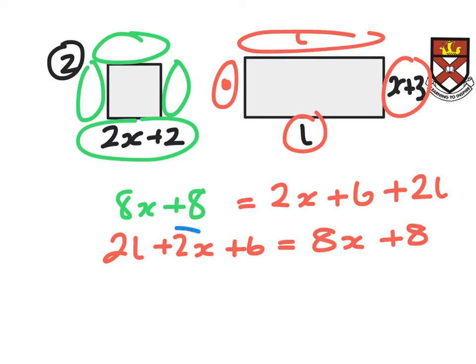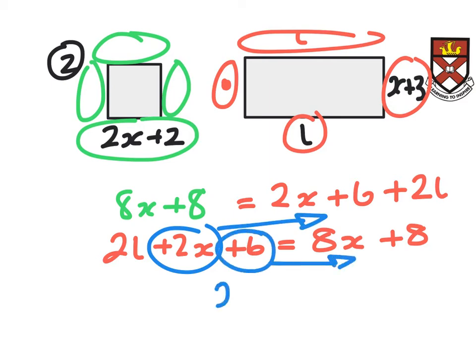Now if I take the 2x over, and then take the add 6 over, that's going to leave me with 2L equals. And if I know what 2L is, then I can work out what one of them is, which should be the same as the question.